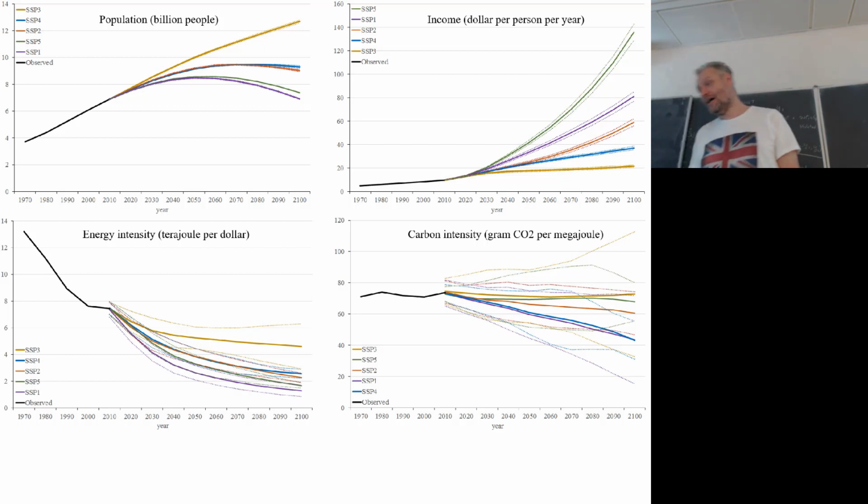The most optimistic scenario puts it at 140,000. People in Luxembourg aren't that rich now, right? It's very difficult to imagine what the world would be like if the average income would be $140,000 per person per year, right?